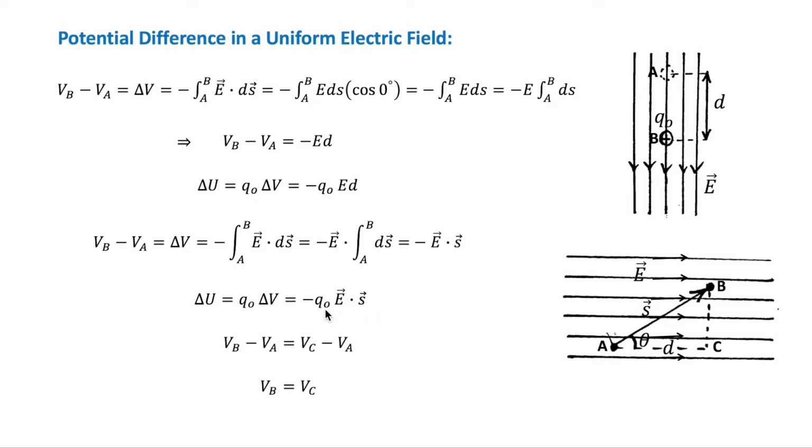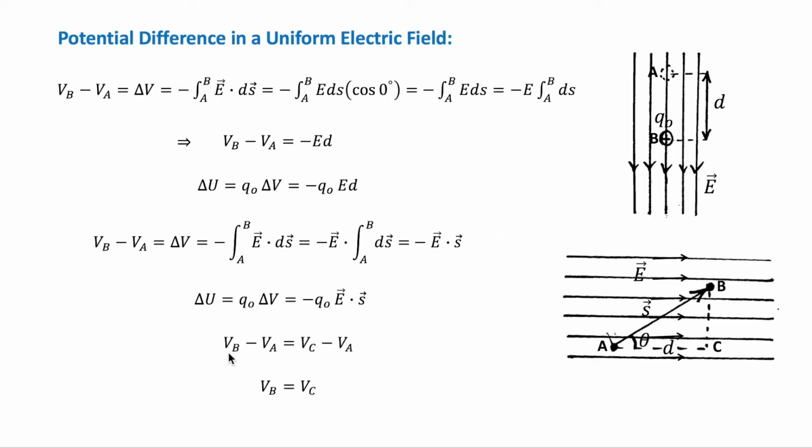And this equation for delta V shows that all points in a plane perpendicular to a uniform electric field are at the same potential. You can show this using the dot product here.